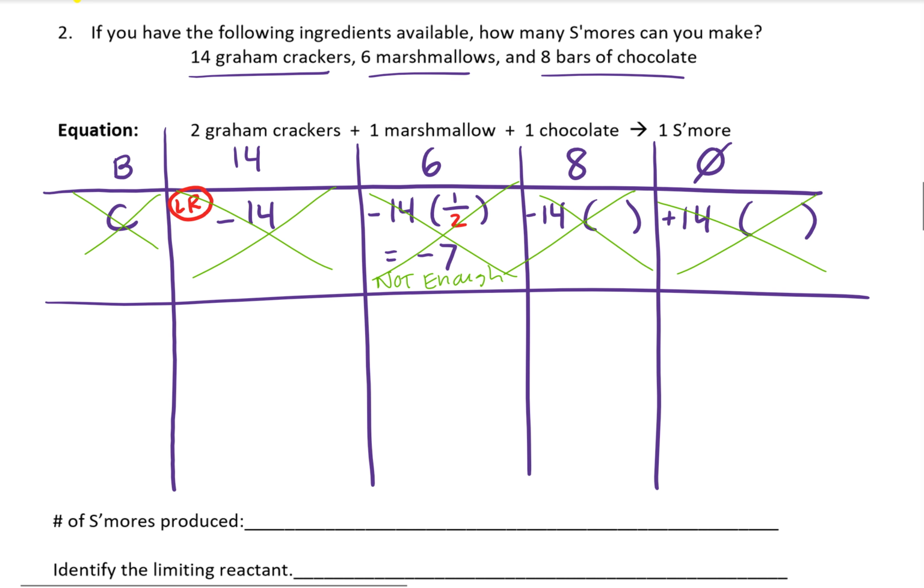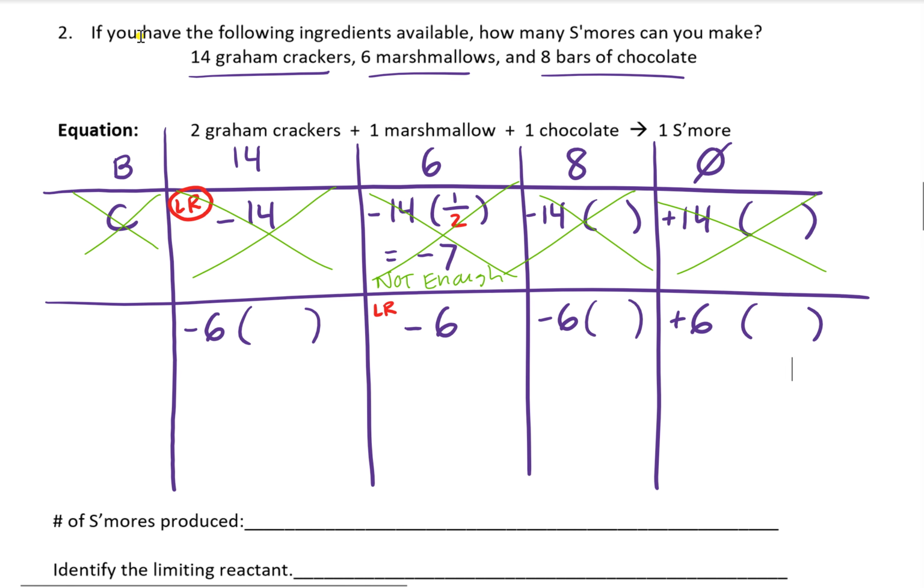Now, we're going to assign the limiting reactant to the next reactant and test it again. So we're going to minus all 6 marshmallows, and again, since we're saying that's the limiting reactant, we're going to copy its value to all the other change boxes. Reactants get minus signs, products get plus signs, and then we multiply by that mole ratio, aka your coefficient.